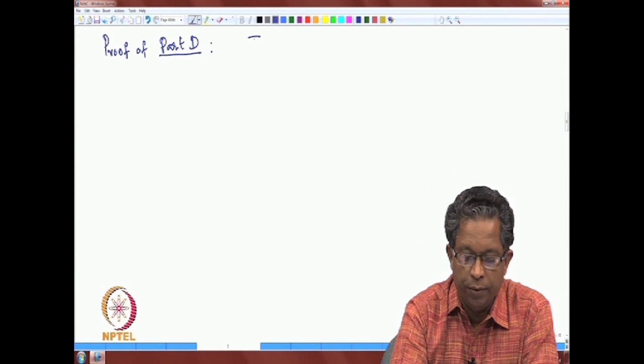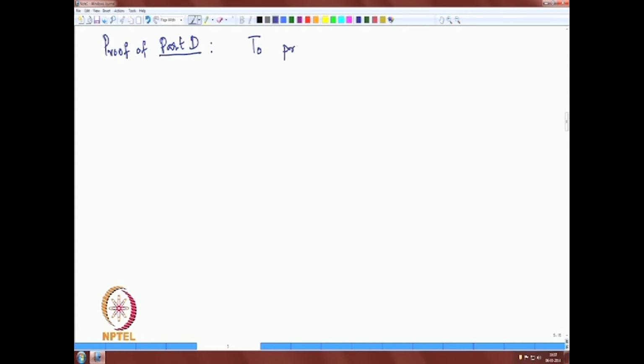So, to prove that the limit function phi satisfies the initial value problem.